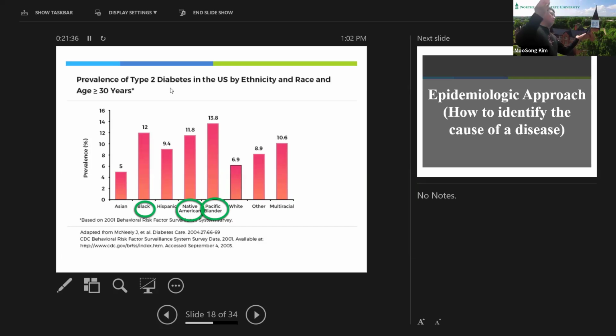PT and OT definitely use data. They evaluate physical disability, gather data, and then make conclusions. So that's why I highlight the importance of using data in this class.